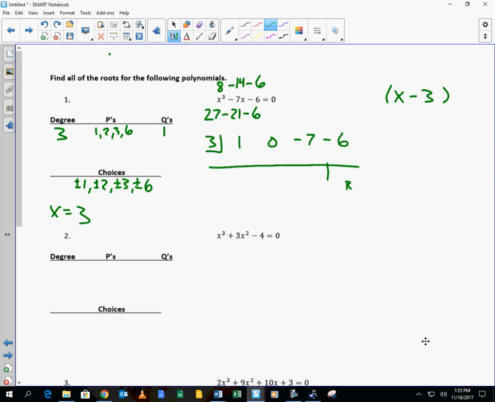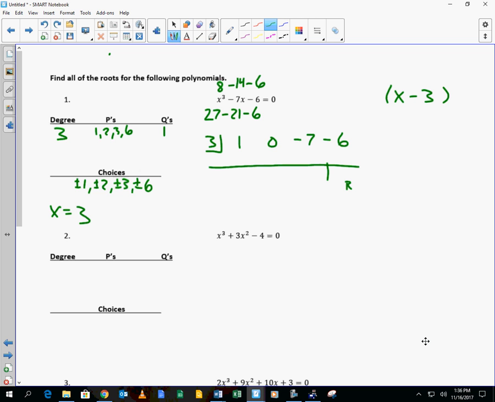Because 3 works. Because 8 minus 14 is negative 6, minus 6 is negative 12. 27 minus 21 is 6, minus 6 is 0. Yes. I just want us to remember that x minus 3 is a factor. Okay? So I'll show you here in a second.